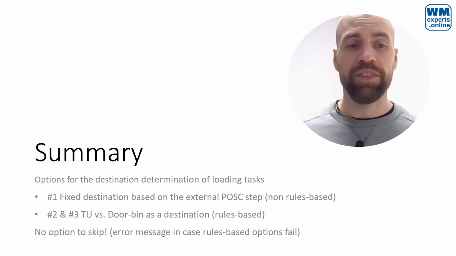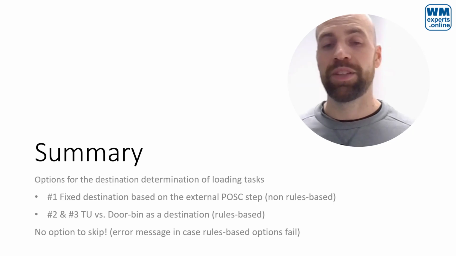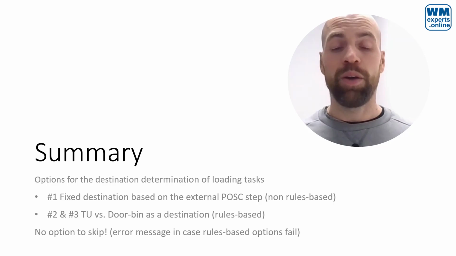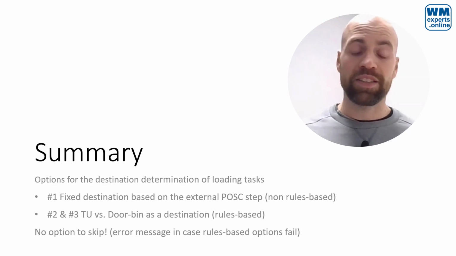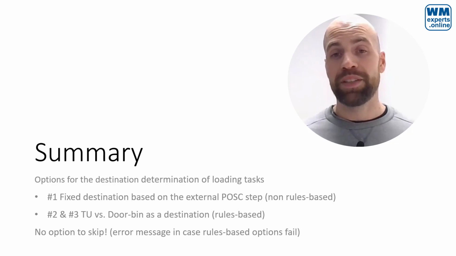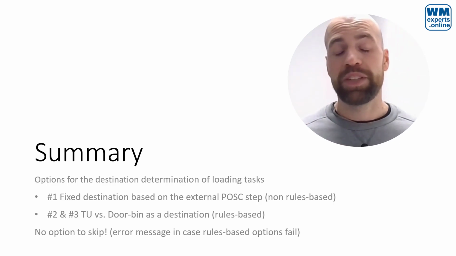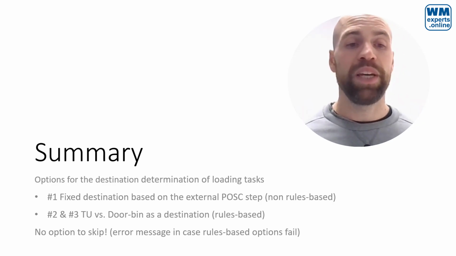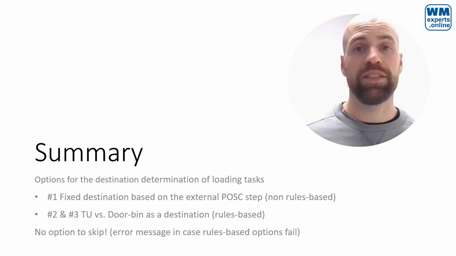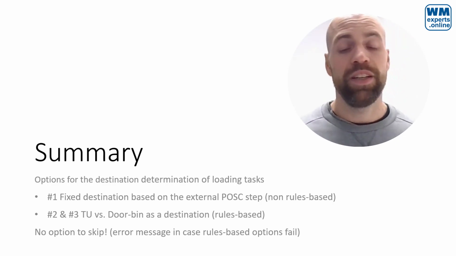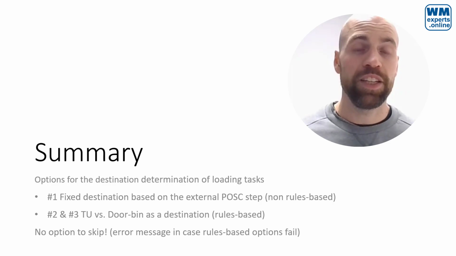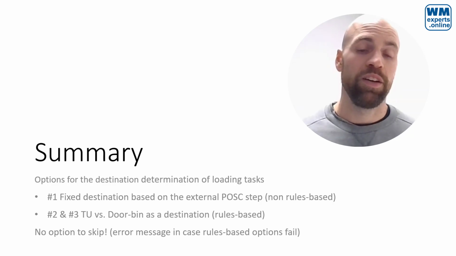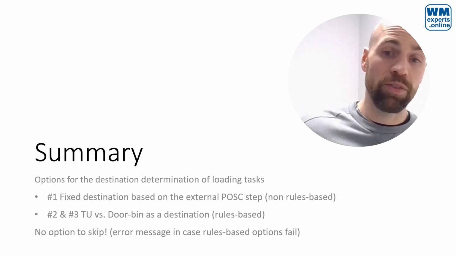A very quick summary for the options for the destination determination of the loading task. You learned that you need the process-oriented storage control to execute the complex loading. You learned that the task can be created automatically with the POSC or with the PPF action. It can also be created manually, for example, with SCWM load, and that the destination can be based on 3 different options, at least based on my current state of knowledge. And the first one is a fixed destination based on the bin given in the external step data of the POSC customizing, non-rules based.